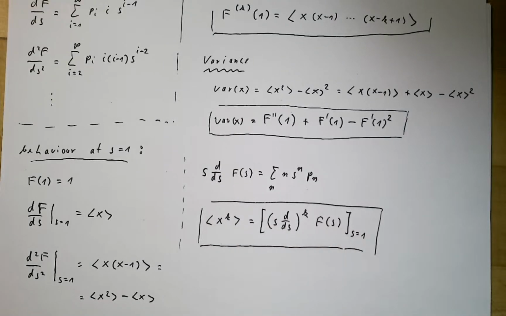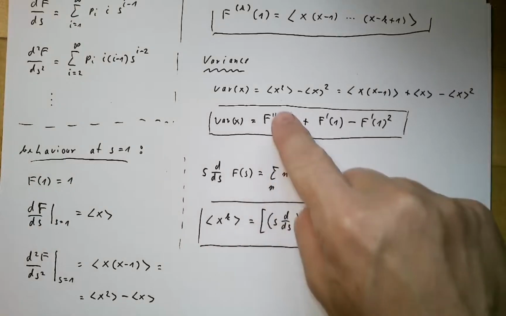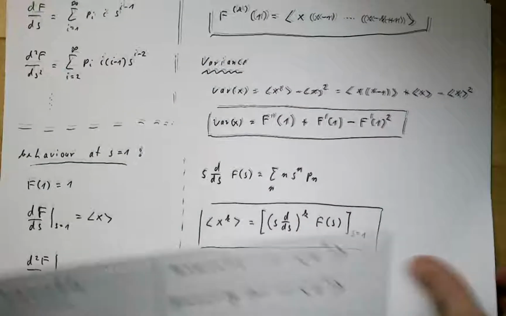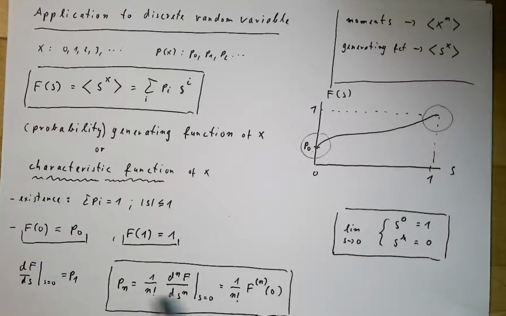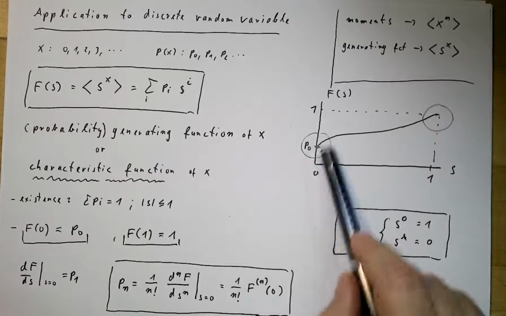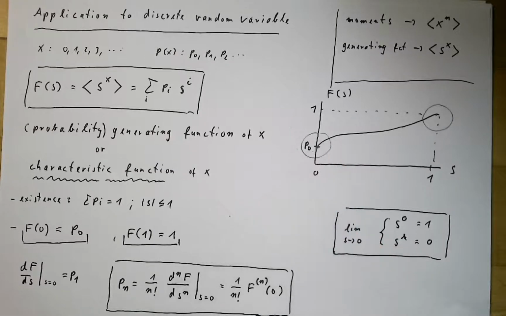So this video was getting maybe a bit large, but at least now I gave you all the important formulas for our generating functions. We can calculate the moments, the variance, or with this formula we know how to extract all our probabilities from the behavior and the slopes at position 0.